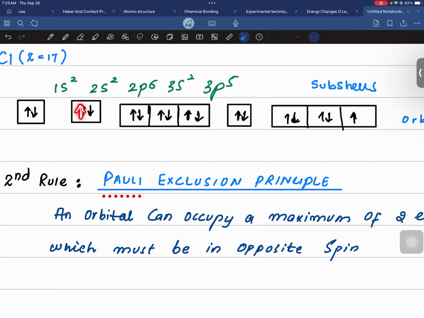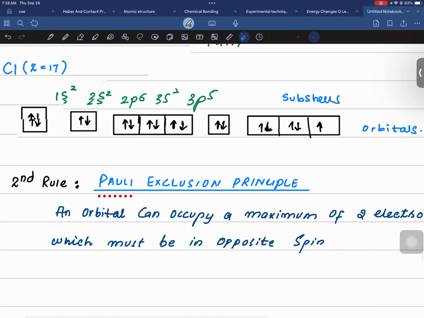So upward, downward, upward, downward, then upward. If you have single electrons, you would be putting it in an upward manner. So this is called the Pauli exclusion principle.